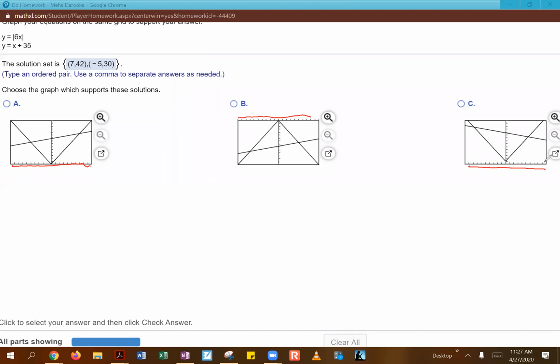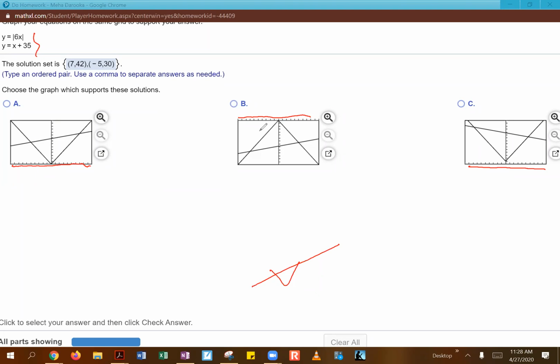So you can see that you have your equation, right here in the top corner. Y equals basically a positive absolute value of 6x. So that tells us it should be your absolute value function opening up. Second equation is y equals x plus 35. So that's a positive slope, which tells us our line should be going up.